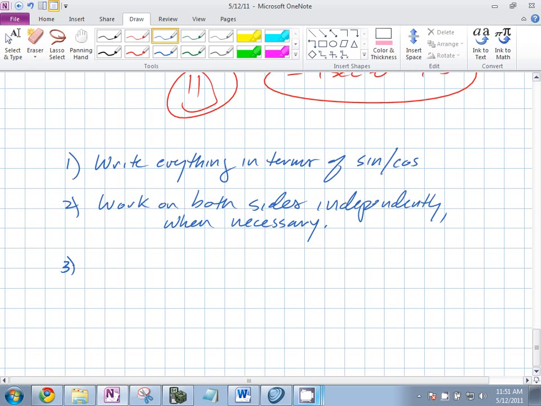It is really easy to make a really simple mistake when you're working on both sides at once. So just for the sake of purity of logic, work on one side or the other, okay? But yes, that is a valid method in trig. In Precalculus, I want you one side or the other.